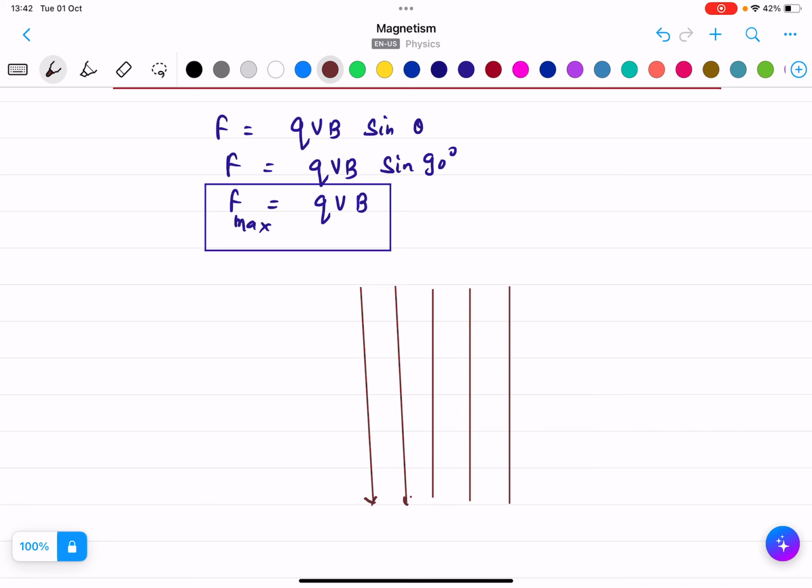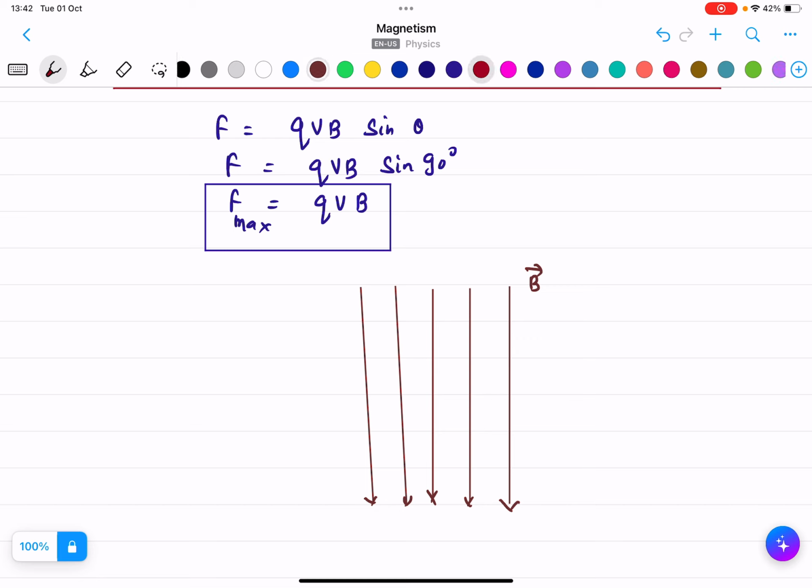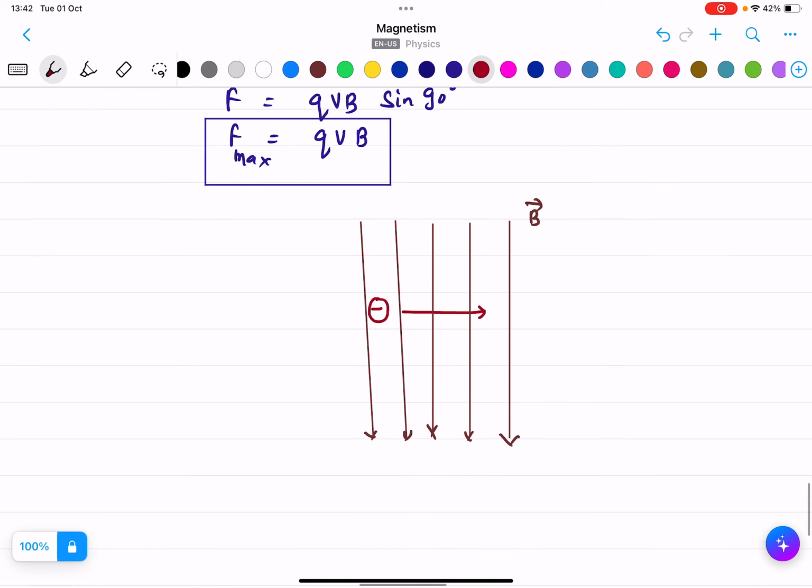Okay, so let us say this is the magnetic field in this direction, and there is a negative charge which is moving in this direction. Can you tell me now, is it perpendicular or parallel? You can see the field in this direction and velocity in this direction, B and V. So what angle are they making?